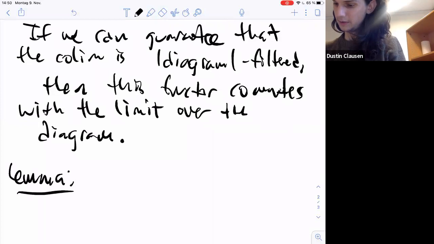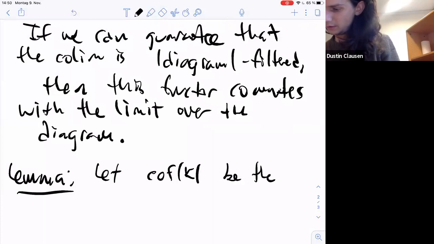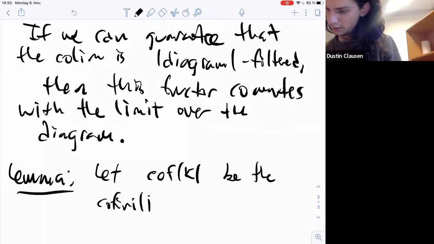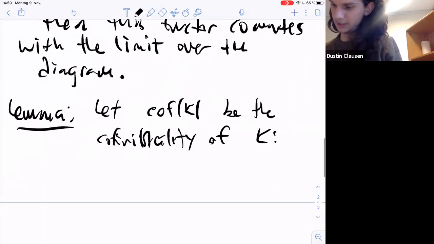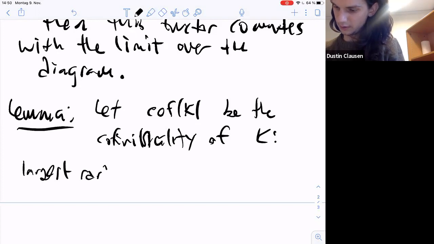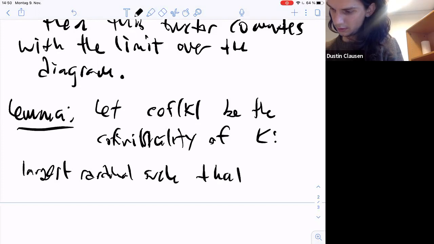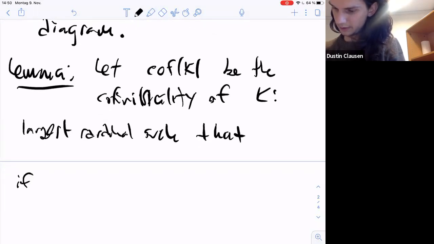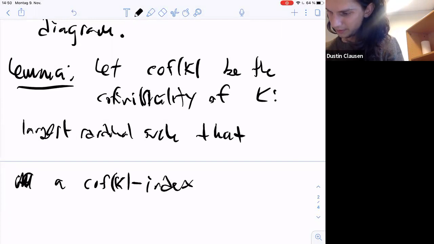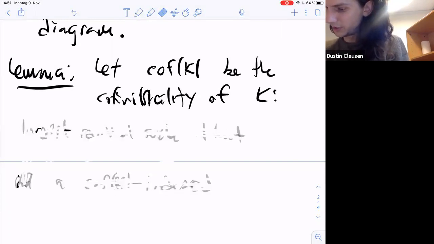Let the cofinality of the cardinal kappa be, this is the largest cardinal such that, oh no, sorry, I'm saying it wrong. It's a cardinal which is characterized by the following property.